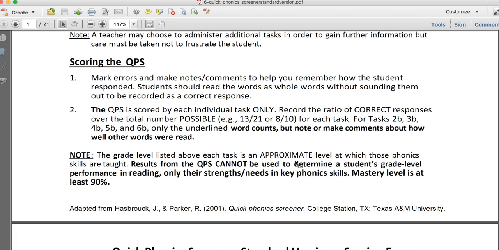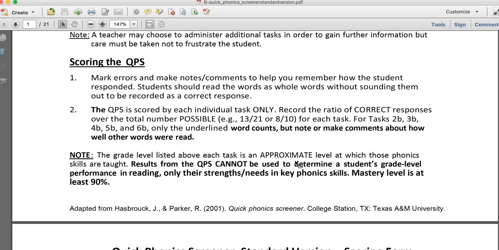Okay? And there are grade levels listed above each task, and I always say to use those with caution because in every assessment they are approximate, and they're just not necessarily 100% this is the rule or this is right.